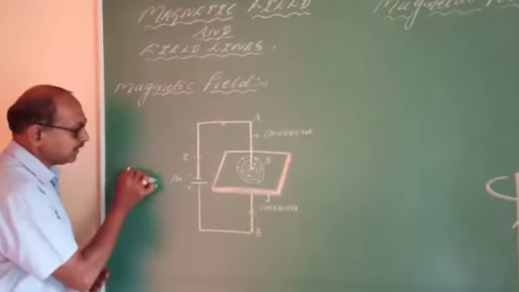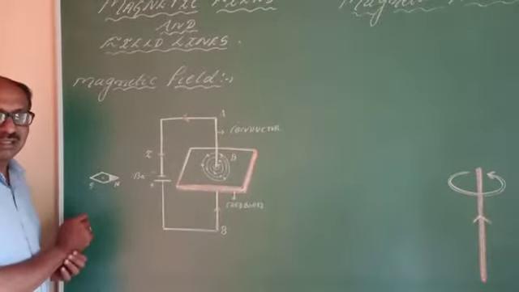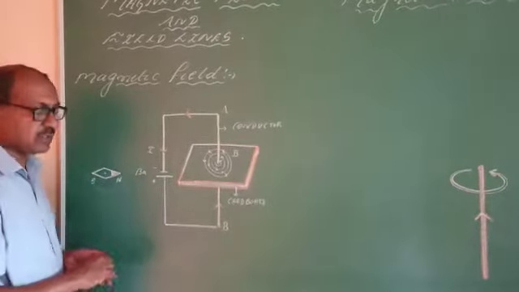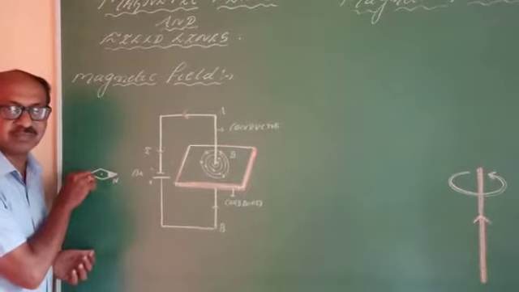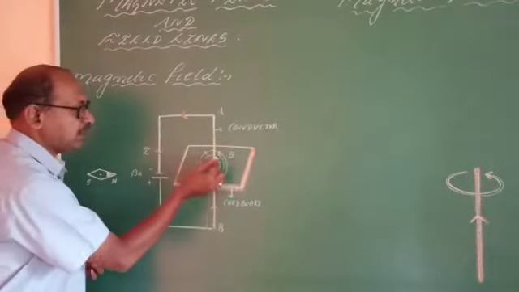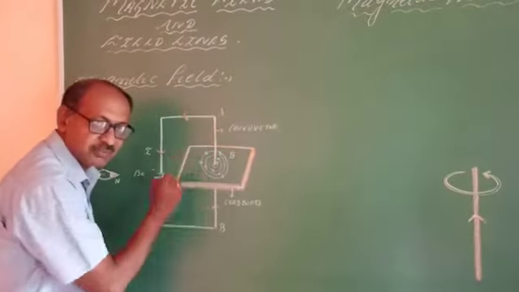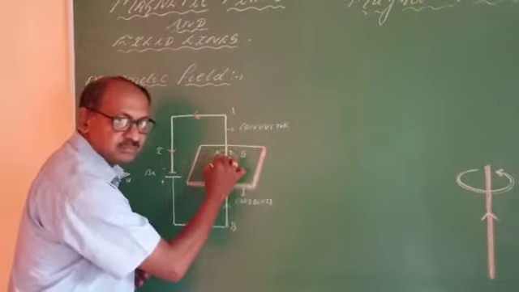Take one magnetic needle. If you keep the magnetic needle anywhere, it always shows the north and south direction. Keep a magnetic needle here, anywhere. It is showing the direction.